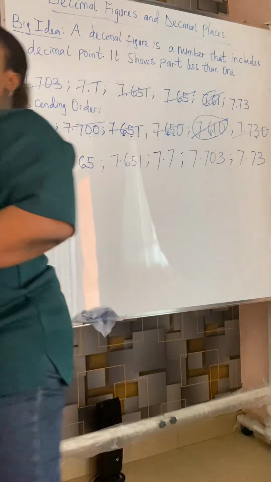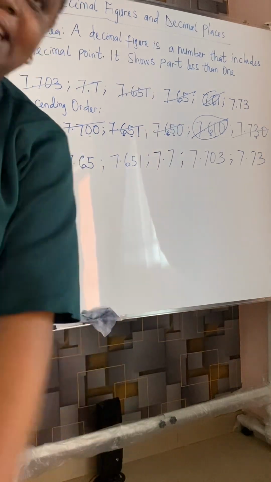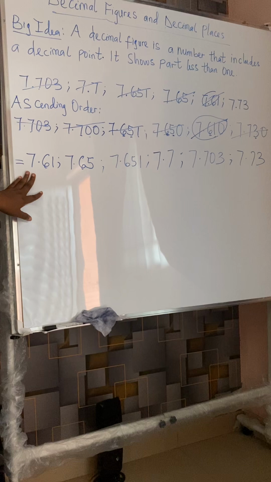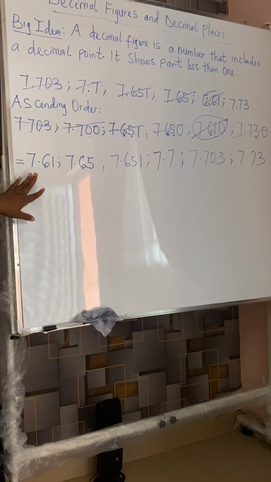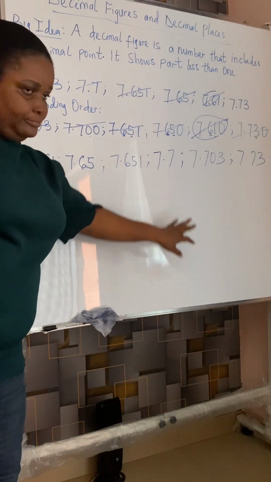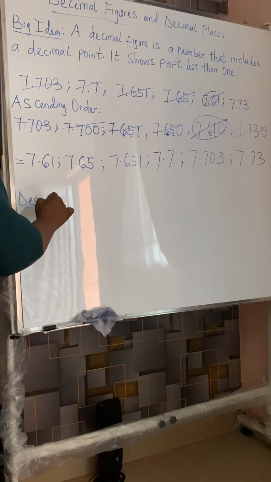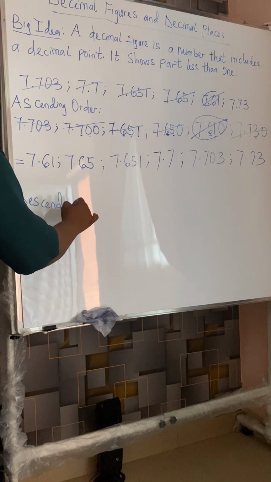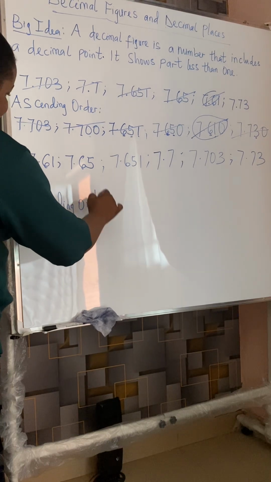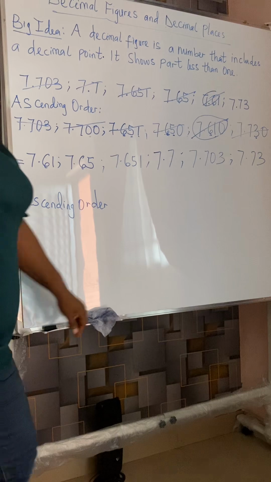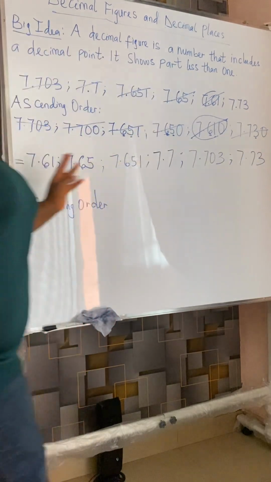This is arranging these numbers in ascending order, going from the smallest to the largest. But if I want to descend, I'm going to move from the largest to the smallest.